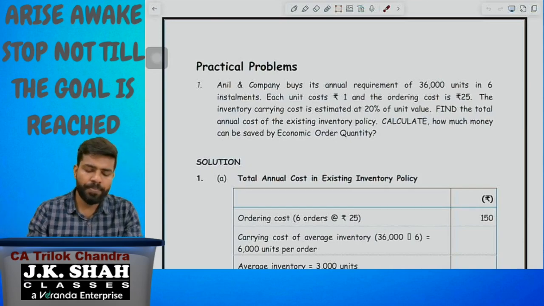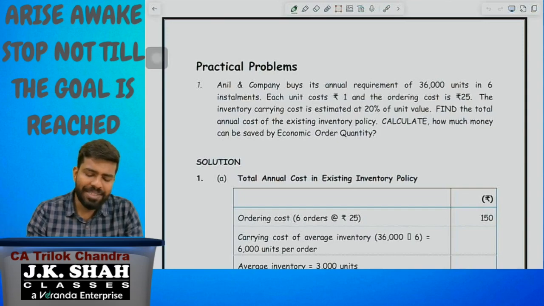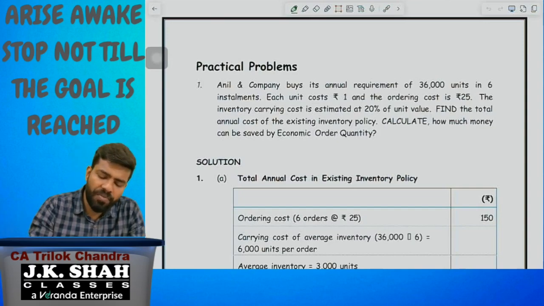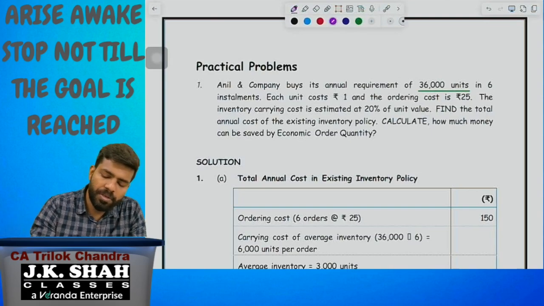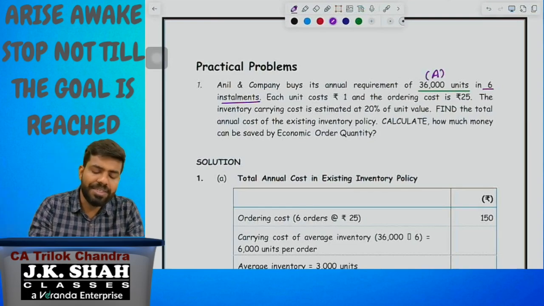Question number 1. Anil and Company buys its annual requirement of 36,000 units in 6 installments. So please understand, the annual requirement A is 36,000, in 6 installments.